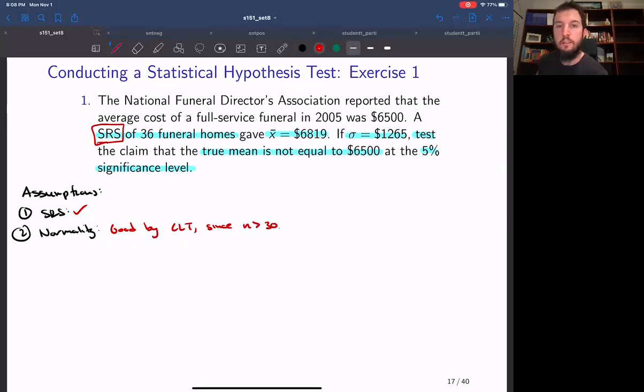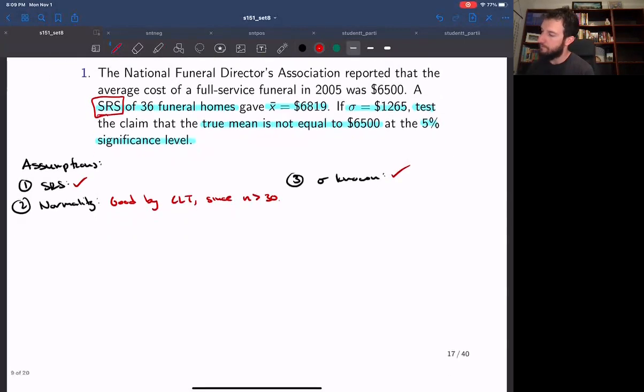So we have a sample size of 36, which means that the central limit theorem would take over. So X bar is going to be approximately normally distributed by the central limit theorem. So we can check off the second assumption. And then on 3, we have sigma known. This is also true. So we're told that sigma is equal to 1,265.